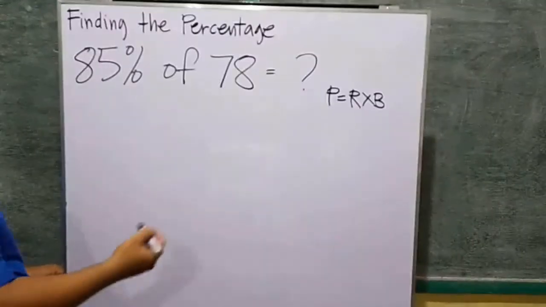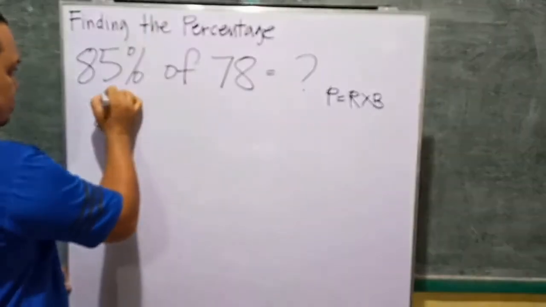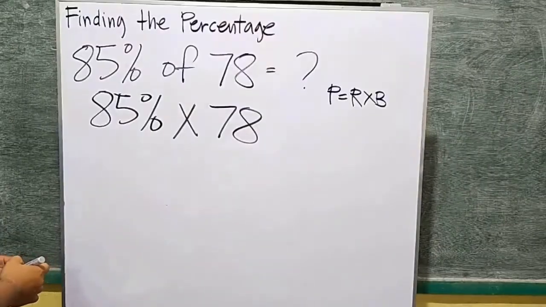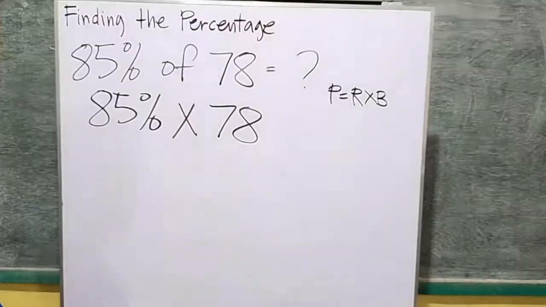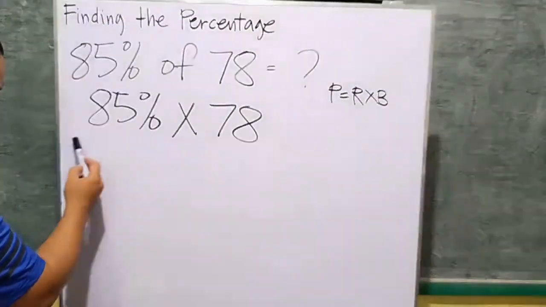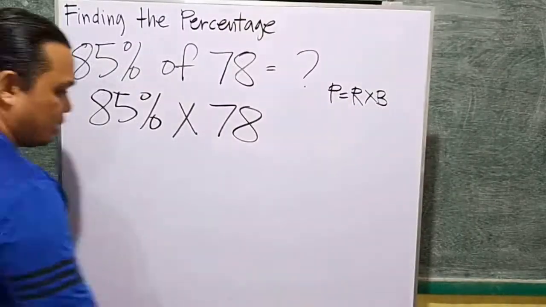So we have 85% here for our rate times 78 here for our base, so that we can get our percentage. But before that, we still need to change this percent into a decimal number.